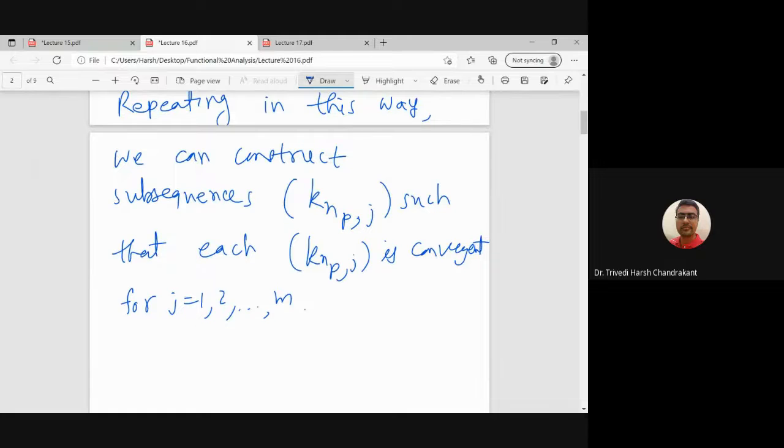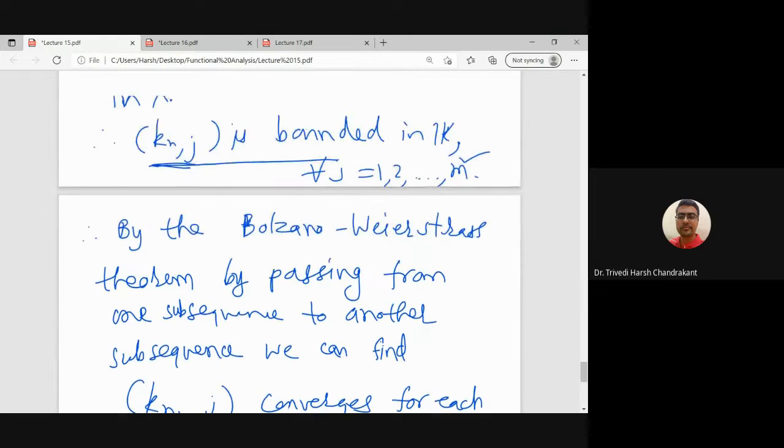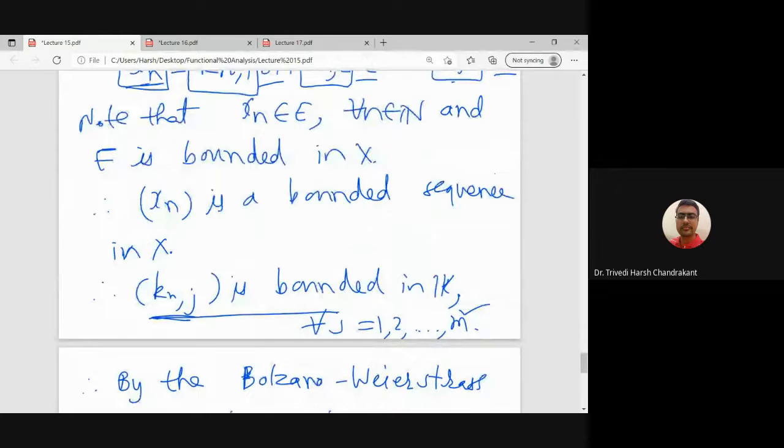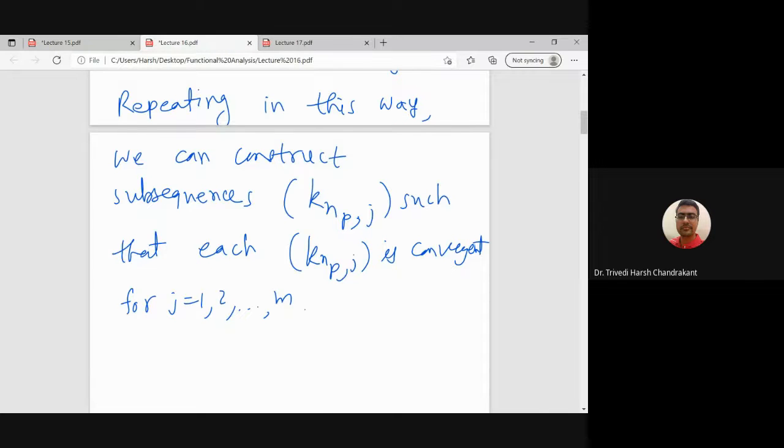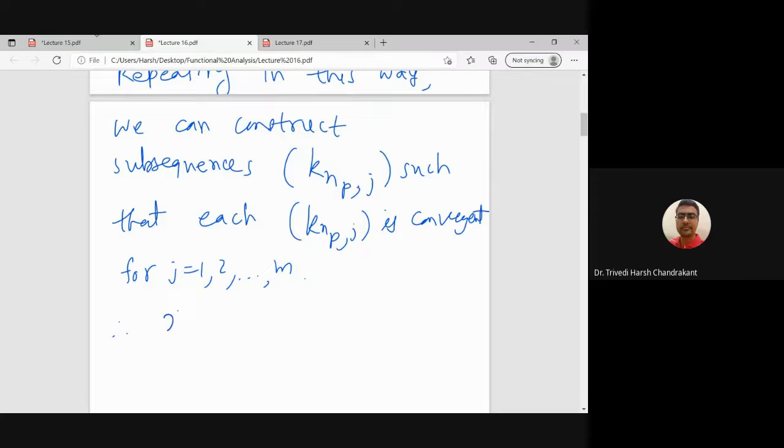So each of the m coordinate sequences has a convergent subsequence, and then we use the reverse result. Earlier we used that if x_n is convergent then each coordinate sequence is convergent, bounded implies bounded, but now we are using convergent implies convergent. So each of these is convergent, and therefore x_{n_p} is a convergent subsequence.